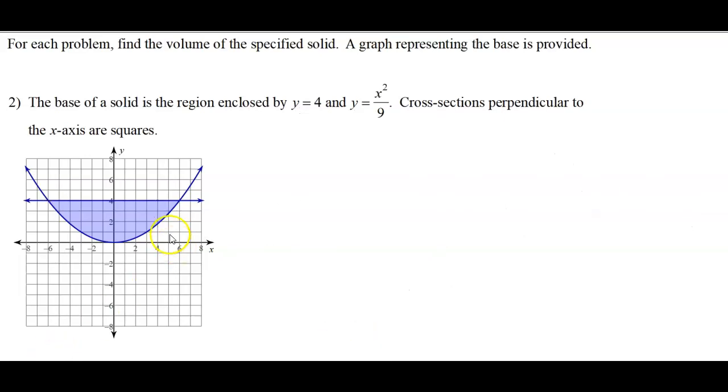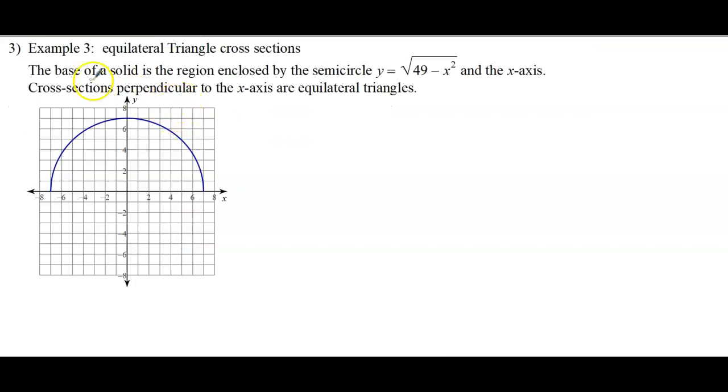All right, let's go ahead and move on to our next example problem. So up to this point, we've been stacking squares on top of these things, right? Well, we're going to change it to equilateral triangles now. So before we begin the problem, let's talk about equilateral triangles a little bit.